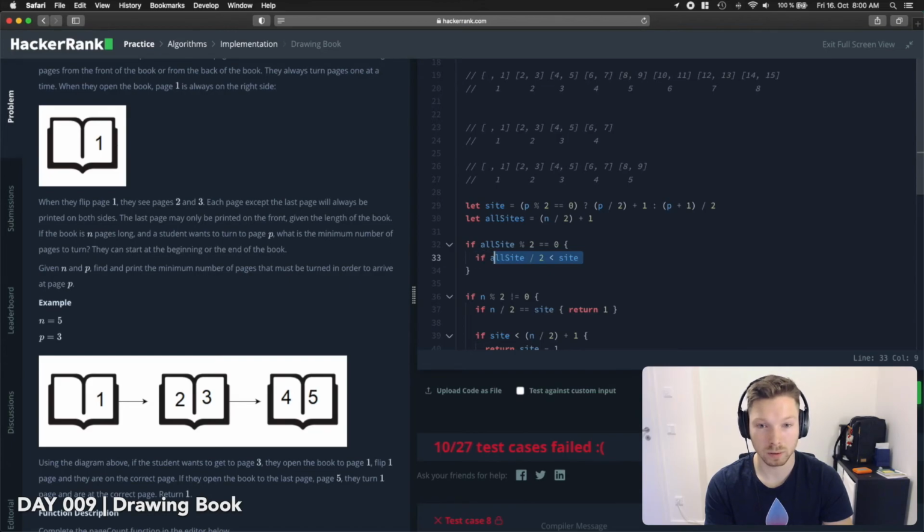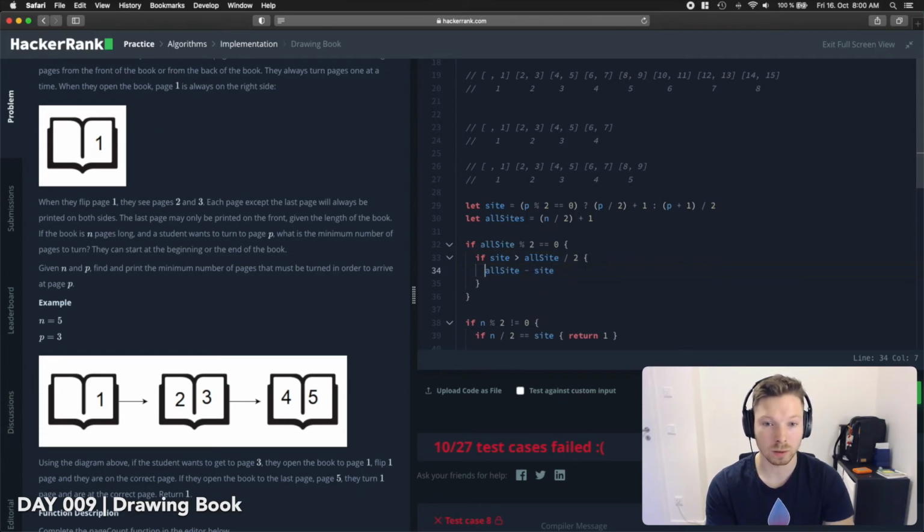If side is bigger than all side divided by 2, all side minus side, that should be 1. Else we want to say side is, for example, 3 is 1 2 turns, and then maybe side minus 1.